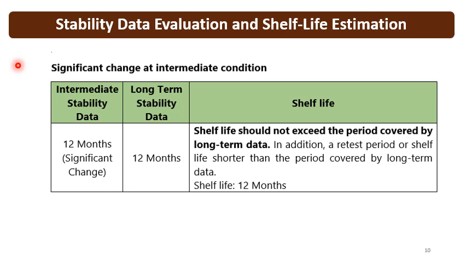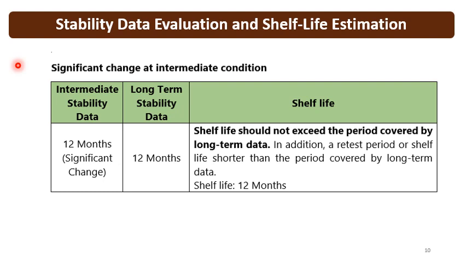So if there is a significant change at intermediate condition, for example, 12 months intermediate condition is showing significant change, but the long term data shows no significant change, then shelf life should not extend beyond the period covered by the long term data.